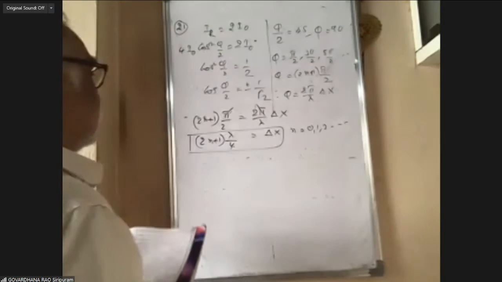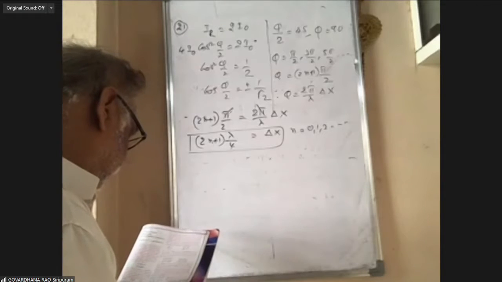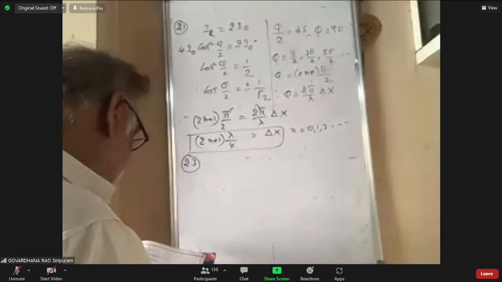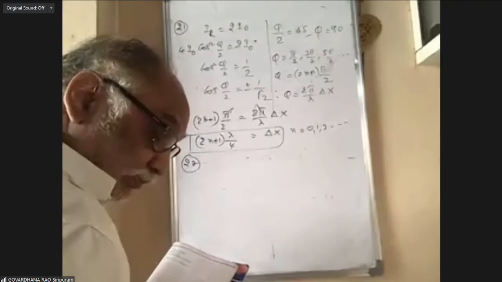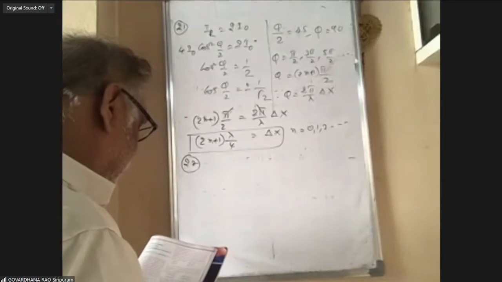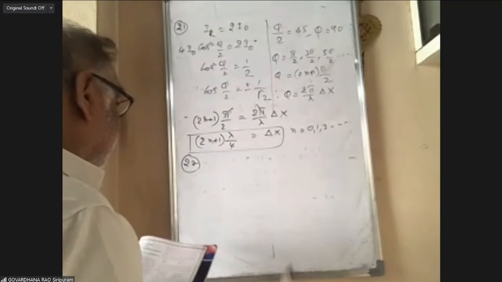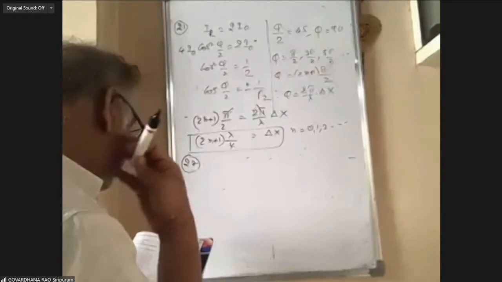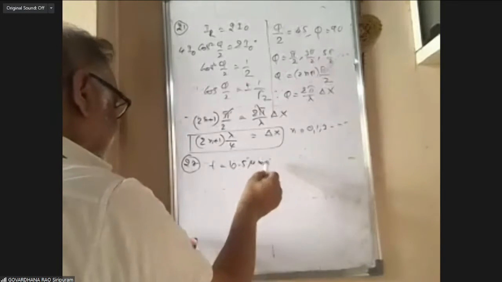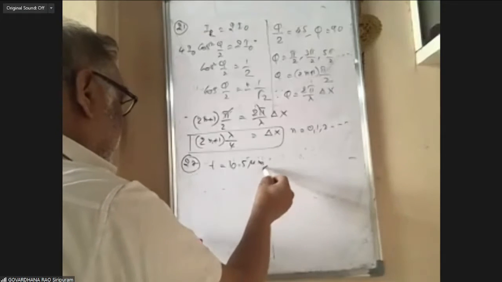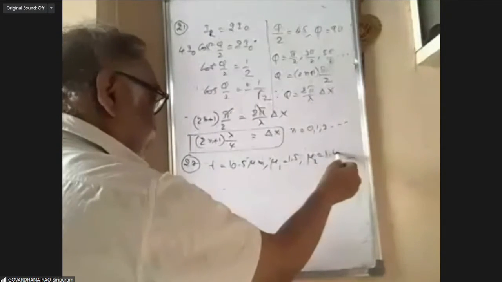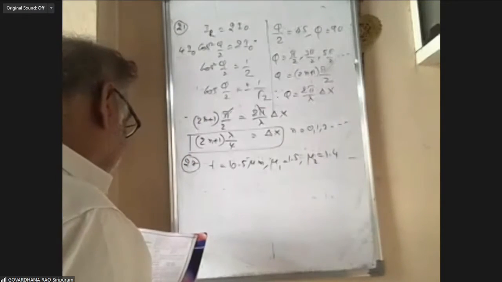Let us do some problems from the workbook. Third, the 22nd. A double slit experiment is carried out with two thin sheets of thickness 10.5 micrometer, and refractive indices mu1 is 1.5 and mu2 is 1.4, covering the slits S1 and S2 respectively.